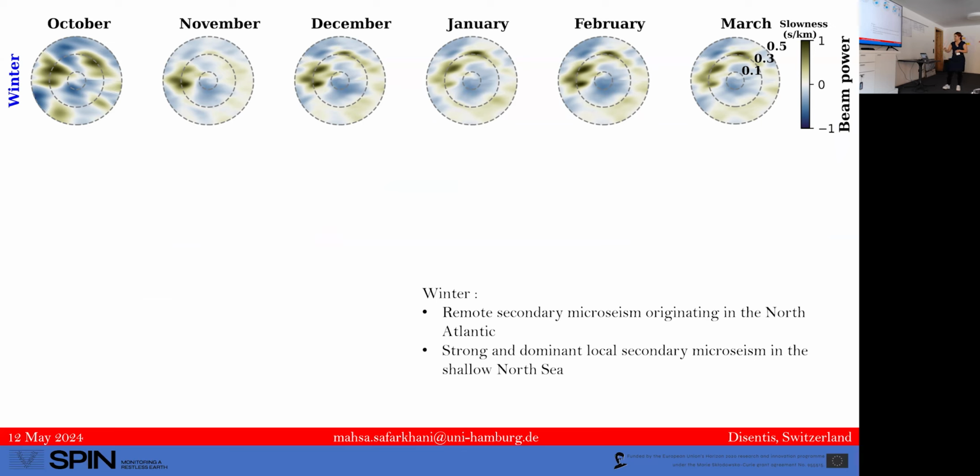As we can see, we have considerable contributions from the direction of the North Atlantic Ocean, attributed to remote secondary microseisms originating from the North Atlantic Ocean in our study area. In some parts, we also have some coherency from the north direction, which some studies attribute to local secondary microseisms in the shallow water of the North Sea. Also, the slowness range is related to surface waves, similar to most studies.